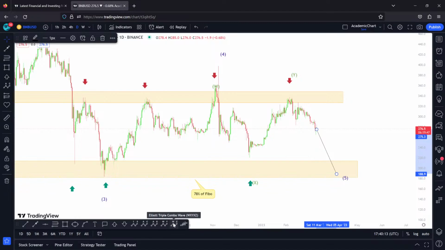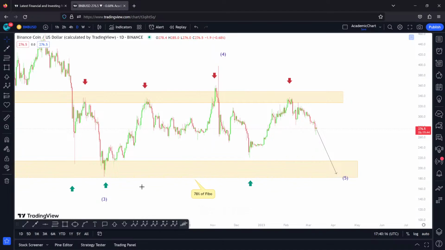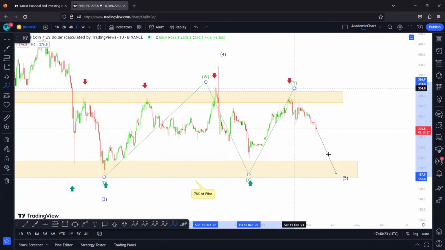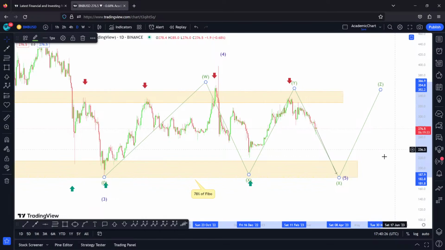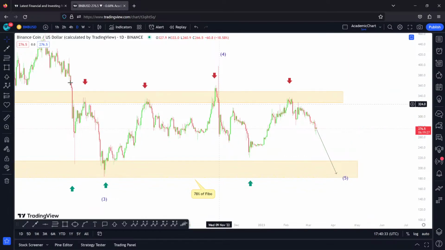What if we have a triple combo? If I get rid of that on the chart, I can utilize this with one WXY like we just had, but it can continue with another X and Z. So in the long term, this wave can also continue as a triple combo corrective structure as this fourth wave.